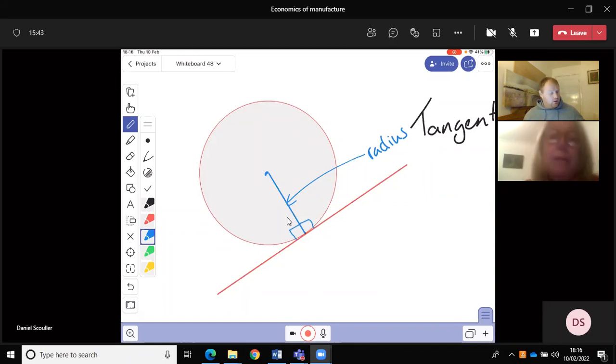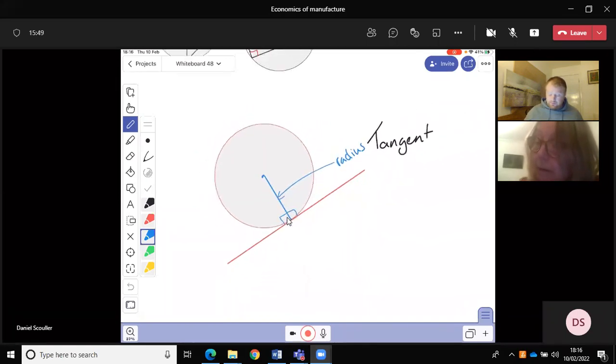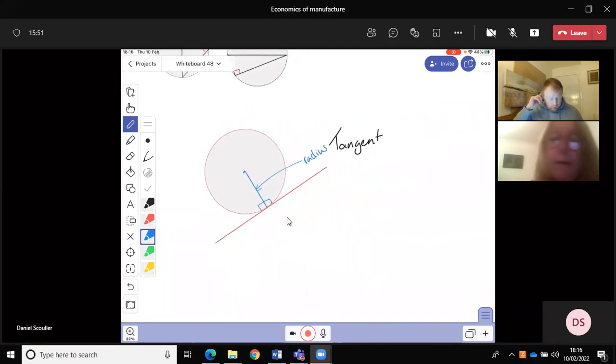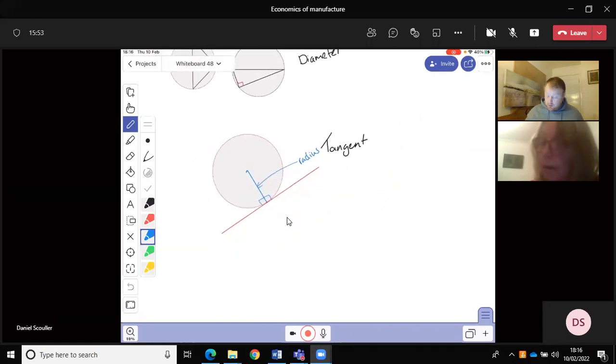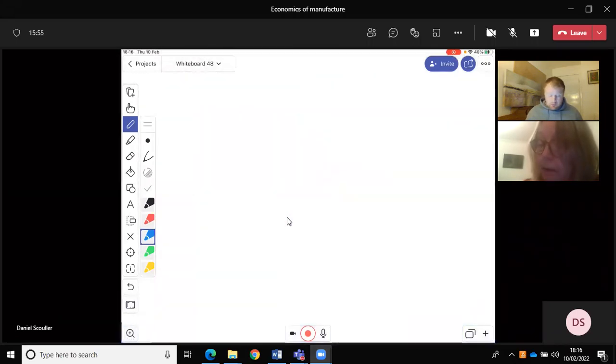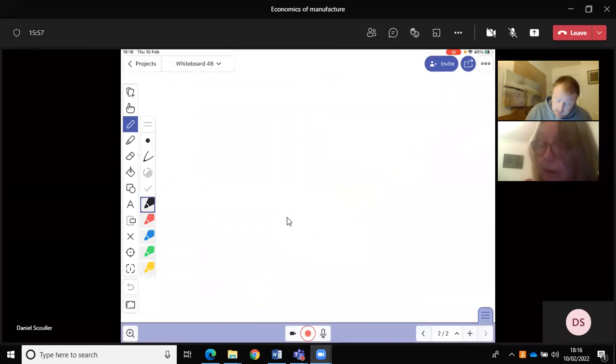Okay, a couple more angle rules that we'll cover tonight. These are just sort of generic rules.